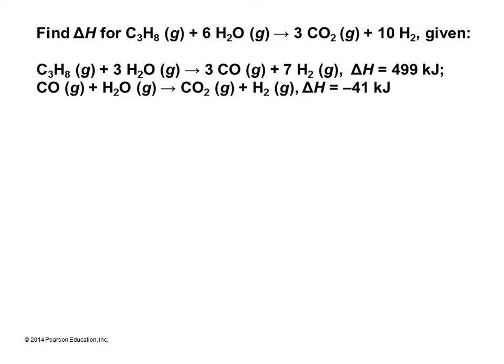In order to add them together to get the third, you can do whatever it takes. You can multiply them by a number, you can reverse them, you can switch them, you can do whatever. There's a sort of order to the process that I think makes it a little bit easier.